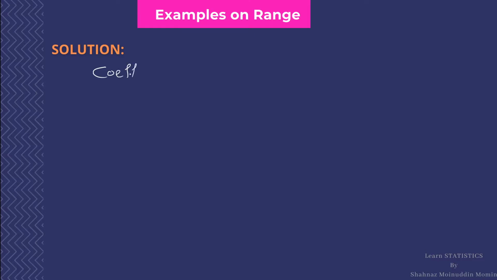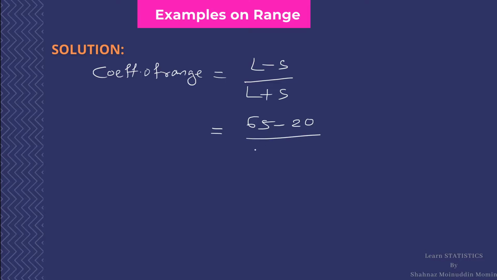Coefficient of range is equal to L minus S divided by L plus S. Substituting the values of L and S, we get 45 upon 85, and that is equal to 0.529. This is the coefficient of range.